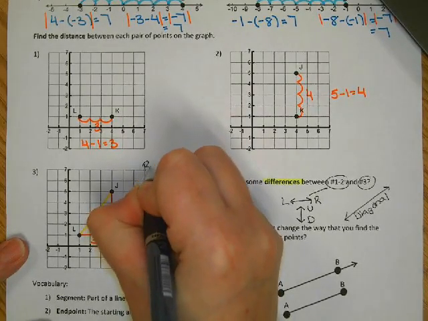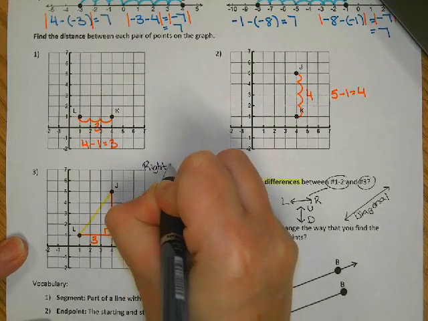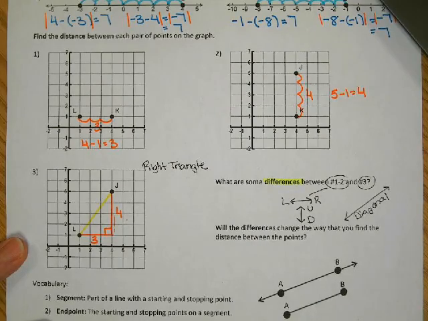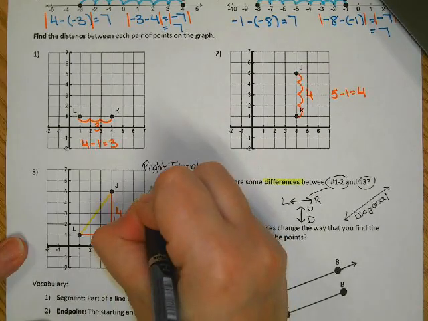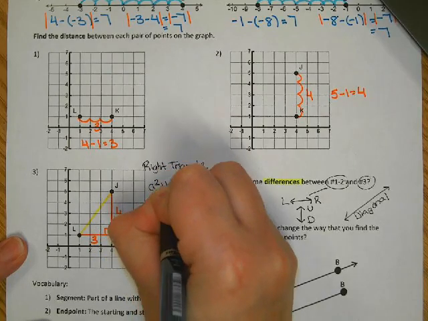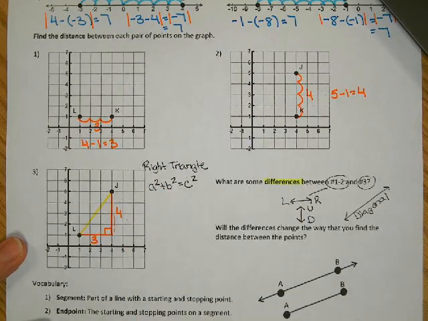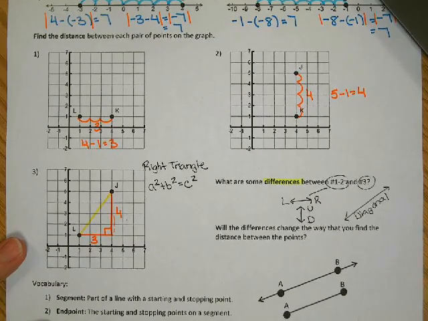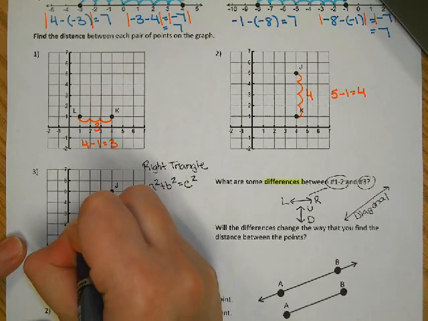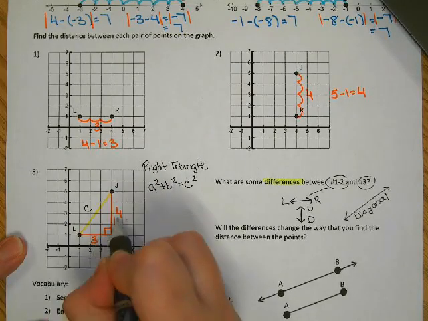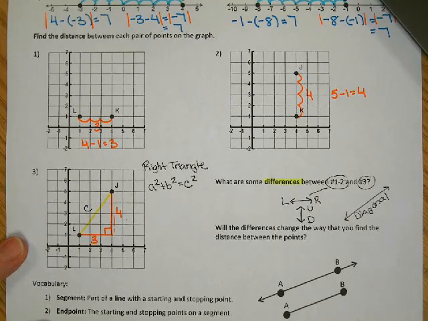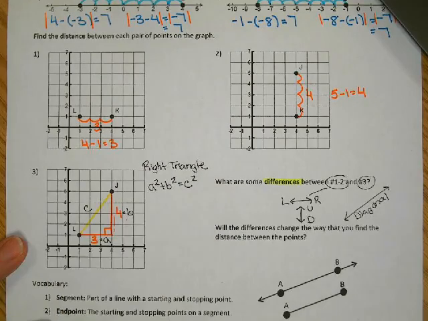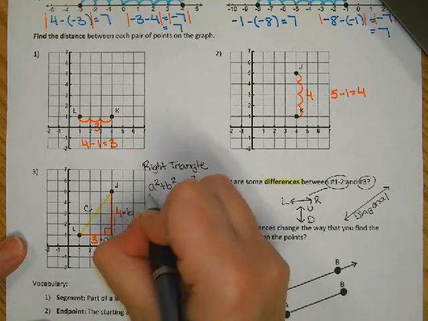And then when you have a right triangle, how do you find the hypotenuse of the right triangle? A squared plus B squared equals C squared. So which side of this is C? The yellow, C. And then which of these is A and which is B? Doesn't matter. So A and B. Okay, so A squared, what's A?